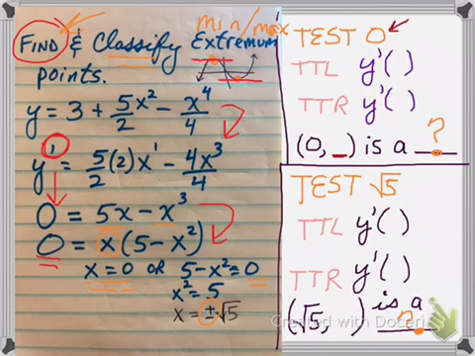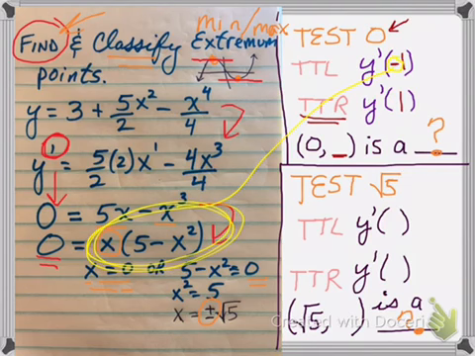TTL means to the left. I'm going to pick a number to the left of 0, which would be -1. A number to the right of 0 would be +1. Now, what the first derivative test tells me is that I plug this number into the derivative, into this guy here.